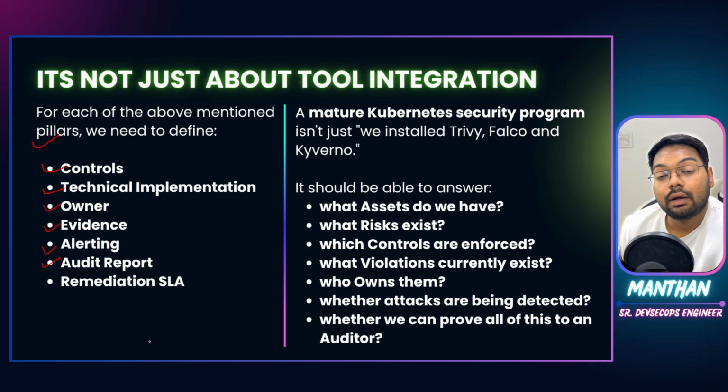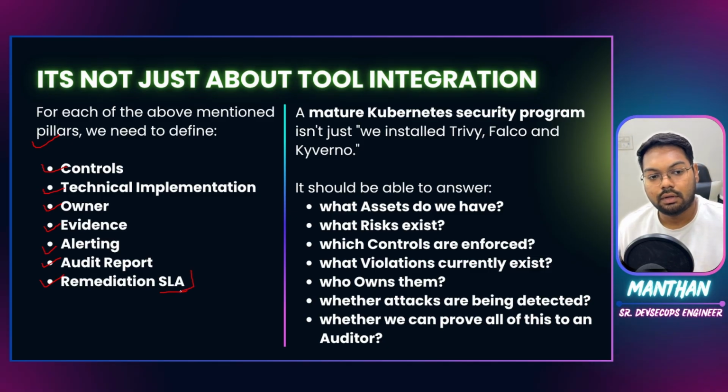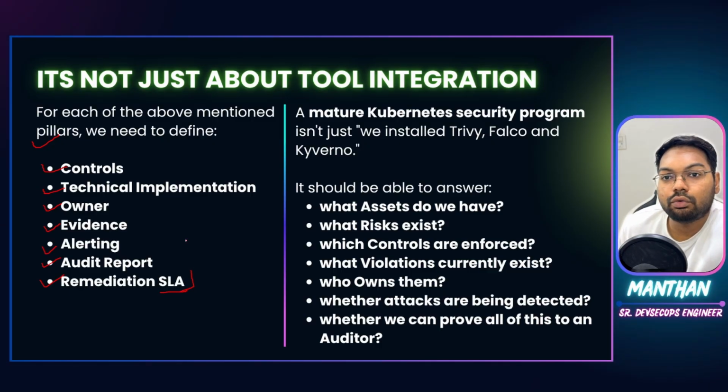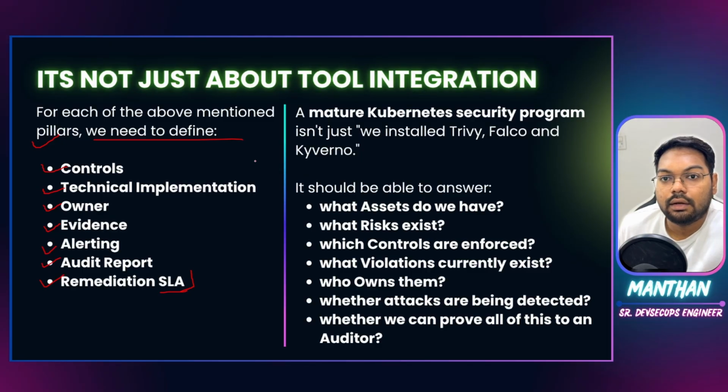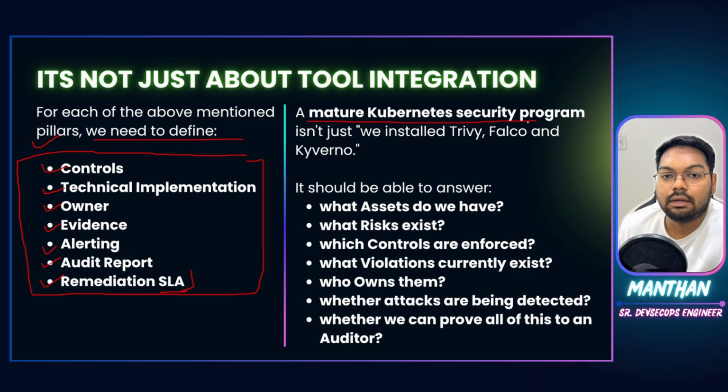And then once you find out that there is any kind of vulnerability or any attack, then how do you remediate that thing, and what is the SLA, service level agreement, like how fast you can secure your workloads, what are your commitments to that? So these are the few controls or things you need to create, or you need to define, in a particular set pattern. And then, if we talk about a mature Kubernetes security program, what does it include?